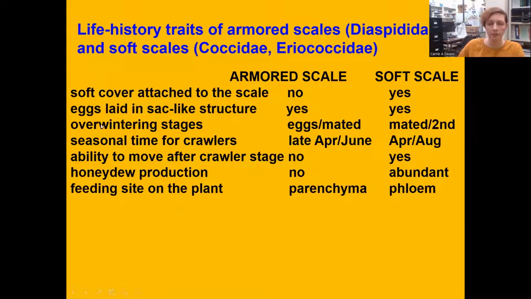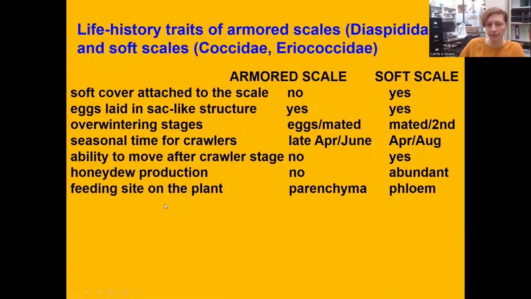And so here are some more specific differences between armored and soft scales. We talked about the waxy covering, whether or not it's attached to the scale. For soft scales, we said it is attached to the body. If you can pull the scale off, you actually have the insect attached to that particular structure. But this is not the case for armored scales.